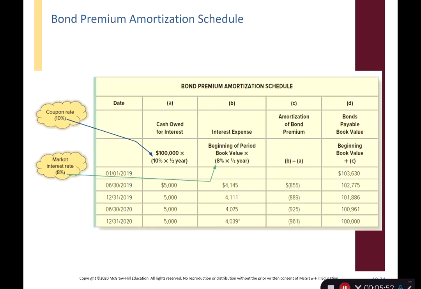So here's that 102,775 we've calculated. And again, here's a bond amortization schedule. Notice that the cash paid is face value times stated rate. It didn't change. Interest expense is carrying value times market rate. The carrying value started with the issue price, and then it moves towards, you guessed it, face value.